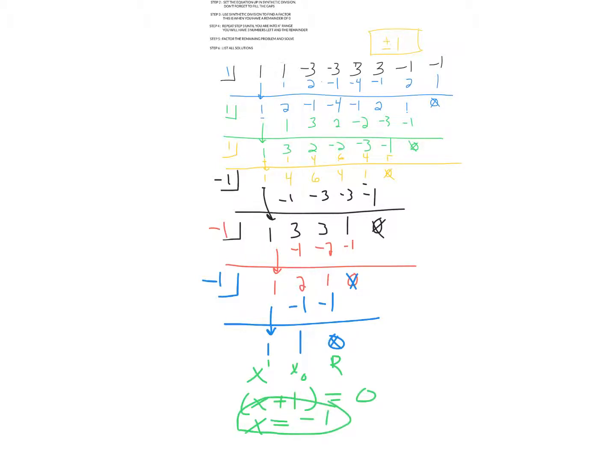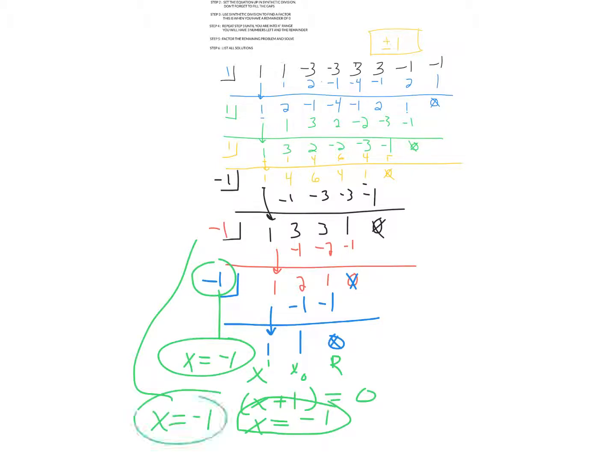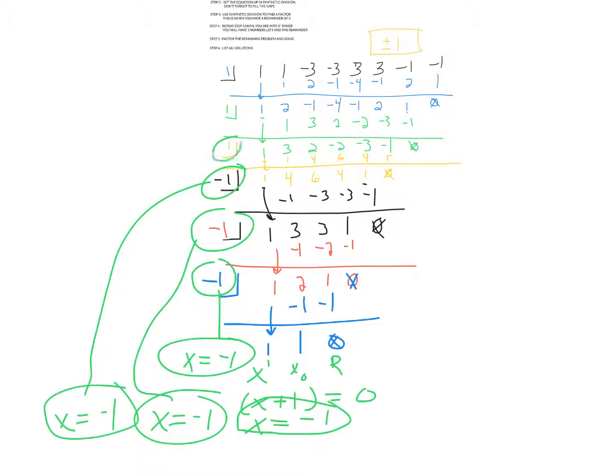Now, then we have another x plus 1. So we have x equals negative 1 again. And again, x equals negative 1. And again, oh, we already did that one. So then we got this one. X equals negative 1. Then we have all these positive ones.